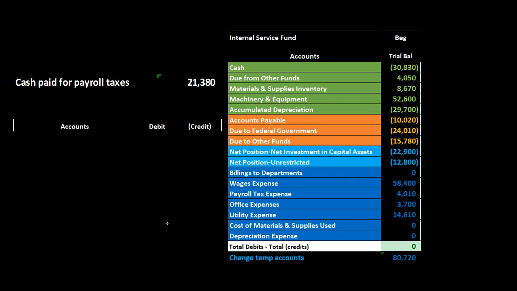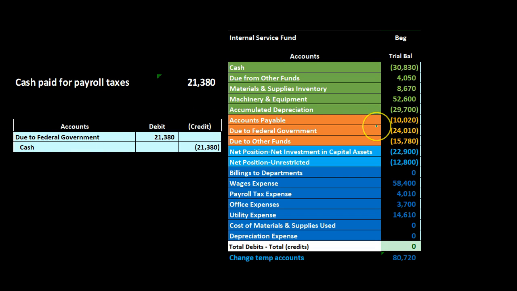Next item, we have cash for payroll taxes. So we paid cash for the payroll taxes. You'll recall we recorded payroll, and we had the payroll taxes on the books at $24,010. We're going to be paying the payroll taxes of $21,380. So paying payroll taxes, this is a liability. We're going to take it off the books by debiting it.